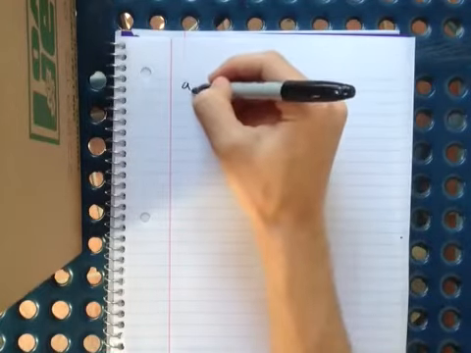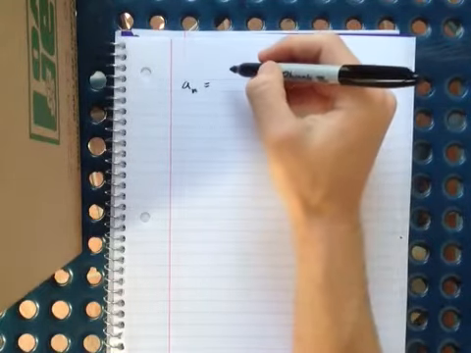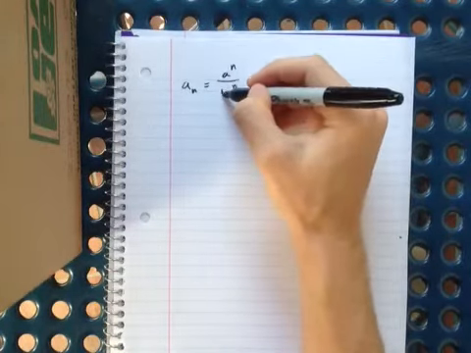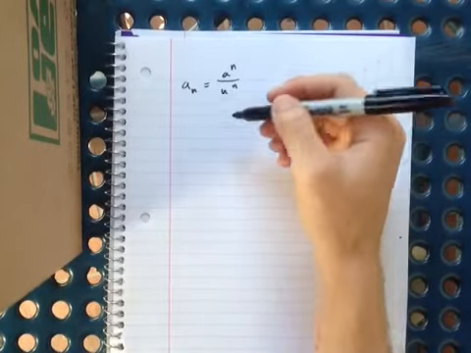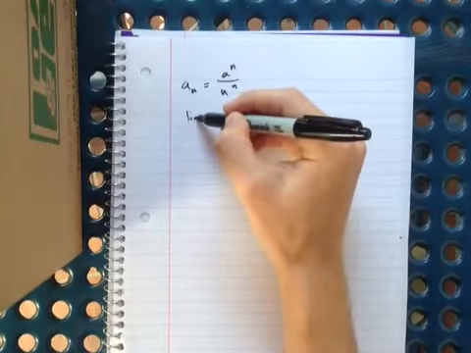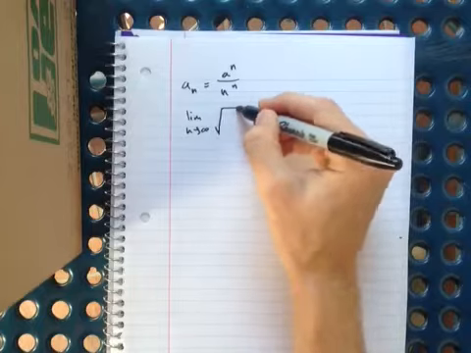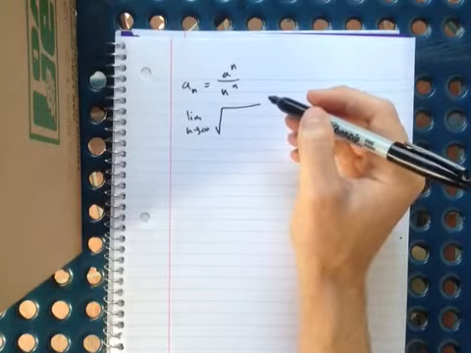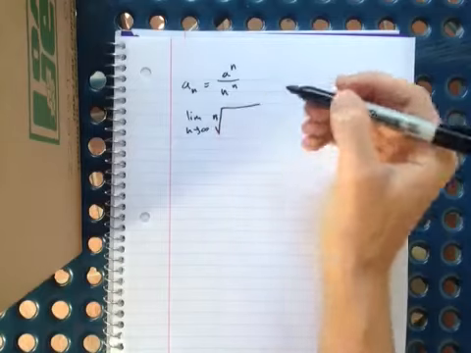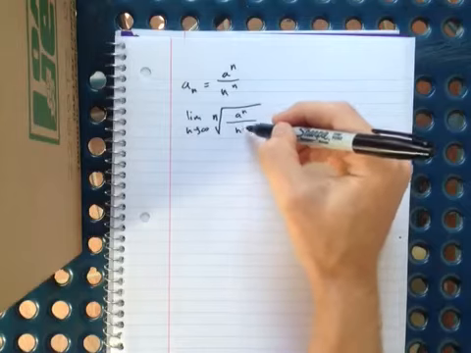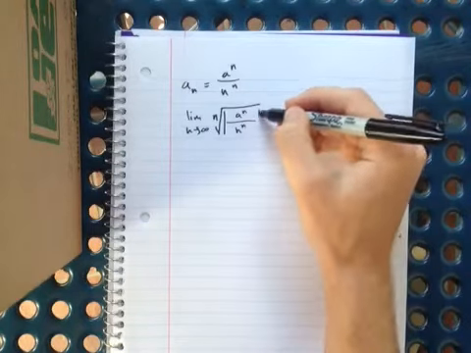Now the root test is most useful when we have an a sub n that equals something to the nth power over something else to the nth power, say in this case a to the n over n to the n. So we can apply the root test, which you'll notice looks very similar to the ratio test, but instead of doing the absolute value of a sub n plus 1 over a sub n, you do the absolute value of the nth root of your a sub n, which in this case is a to the n over n to the n in absolute values.